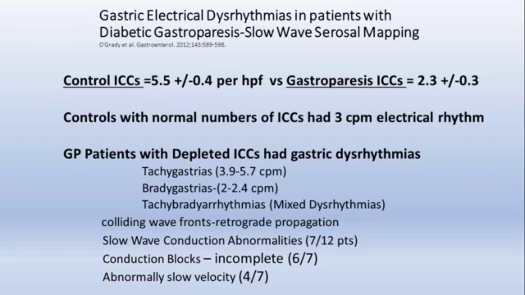And when you have enough ICCs, you have good numbers of ICCs, you're in the normal 3 cycle per minute rhythm. When these ICCs become depleted, you have a variety of gastric dysrhythmias, tachygastrias, bradygastrias, mixtures of those, and you can see it becomes a very electrical menu of diagnoses there, much like in cardiology.